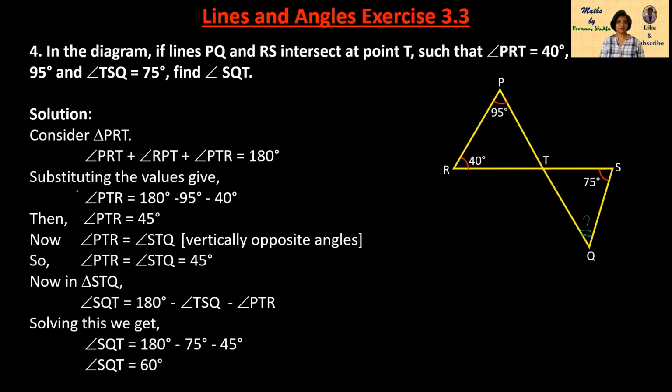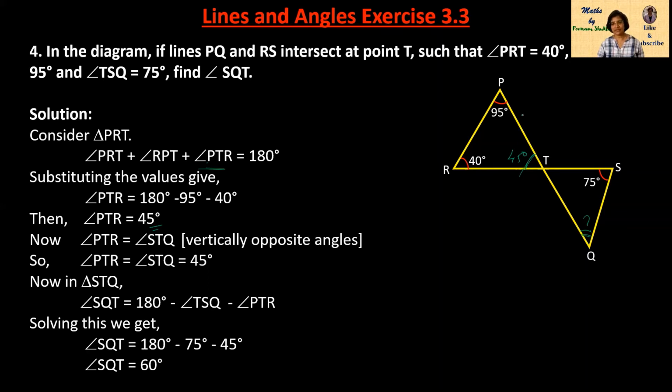So we substitute the values of RPT and PRT, and we get the angle PTR from equation 1. So this angle is 45 degrees. Same way, you subtract the sum of these two angles from 180 and we get 45 degrees, right?